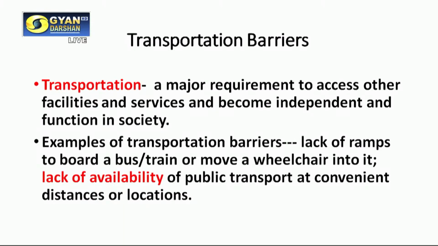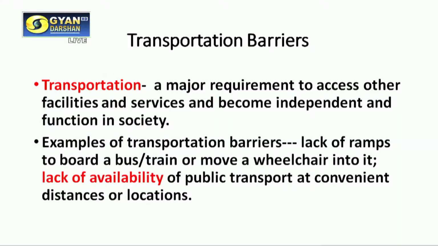So, for instance, if a child with disability wants to go to school, but the school bus is inaccessible, or if an individual with disability wants to go to the office or workplace, but transportation is inaccessible. There may not be ramps in the buses or the trains, or facilities to move a wheelchair into them. There may not be public transport at convenient distances.